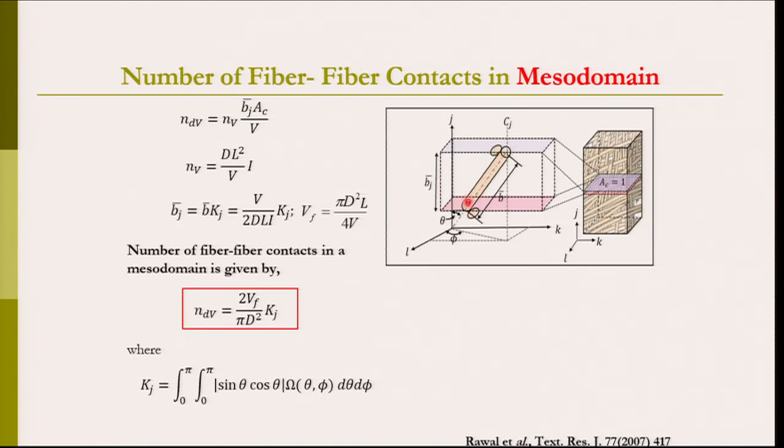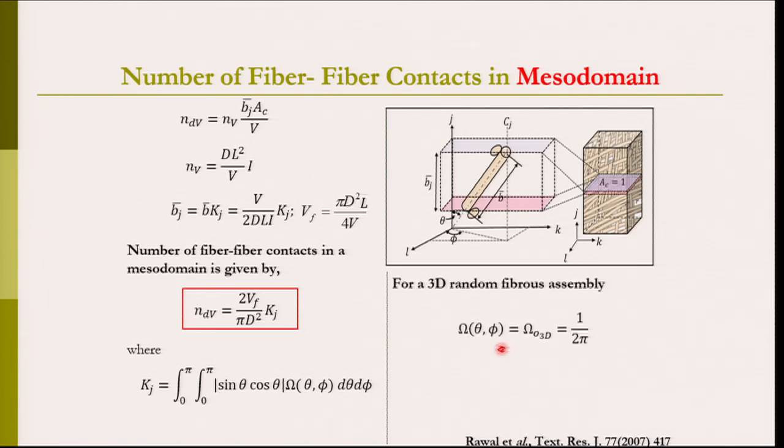So, the proportion of fibers which are aligned in this particular orientation angle will be omega theta phi sin theta d phi. If you multiply with cos of theta, it will give us the directional parameter Kj expressed in this form of integral.